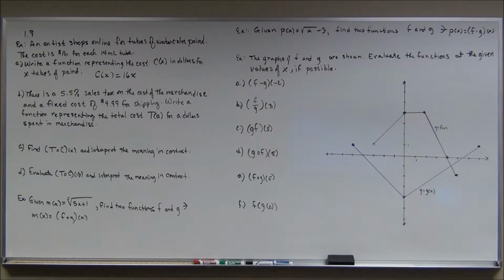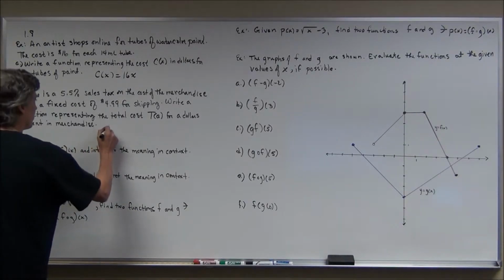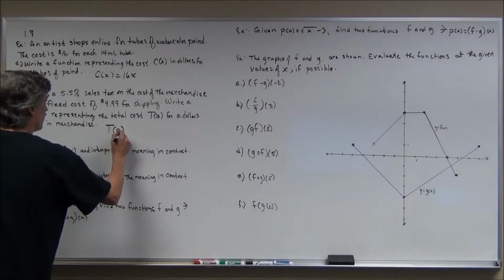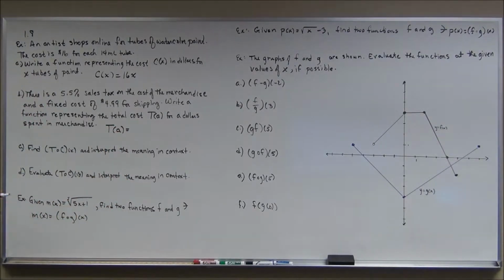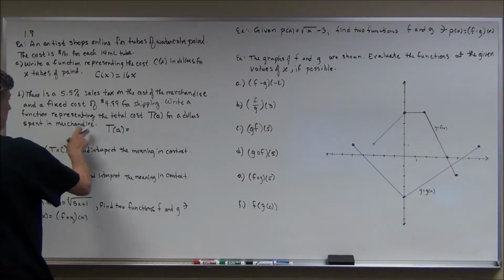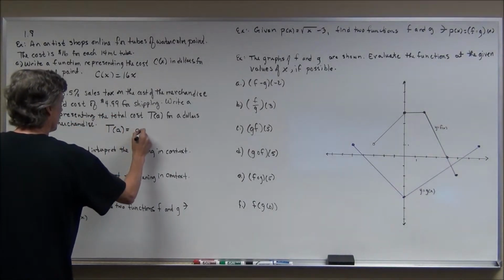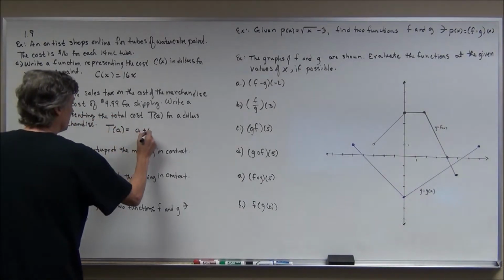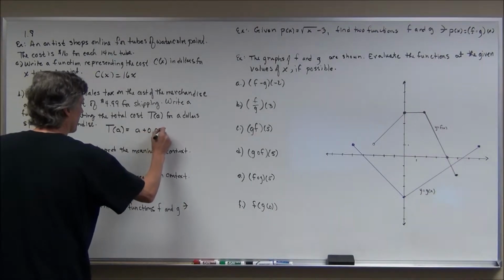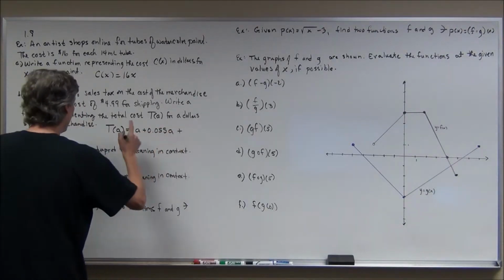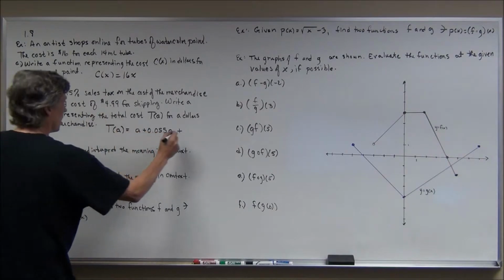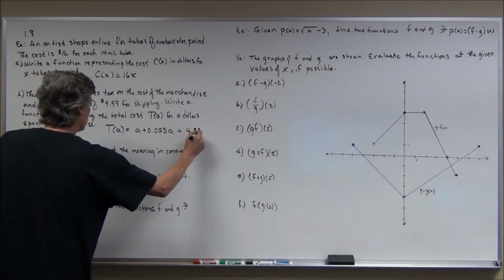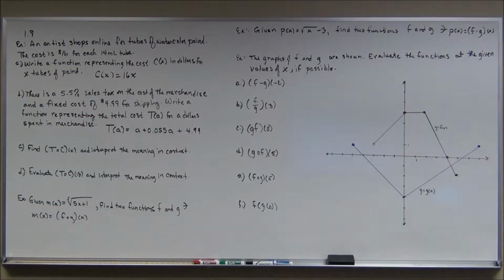Well, in this case, T of A would be, now what do we have here? We have A spent in merchandise. So $A is what's spent in merchandise, plus we have tax, 0.055 times A, plus we have $4.99 that we have altogether in shipping.